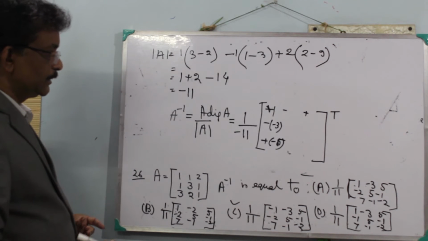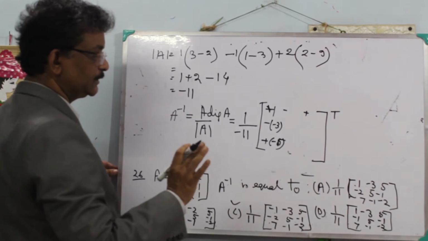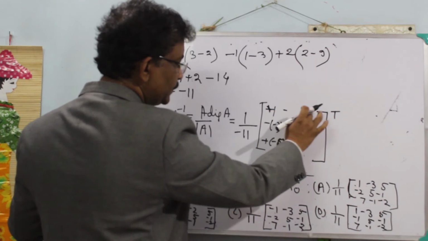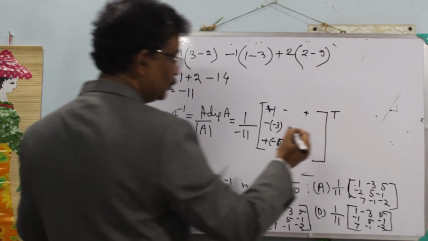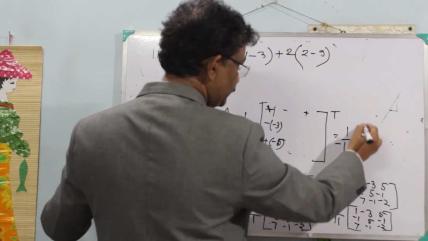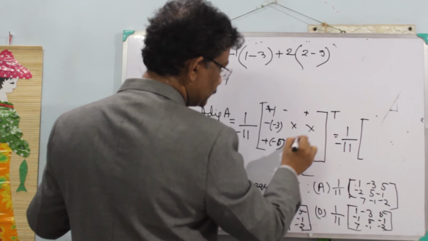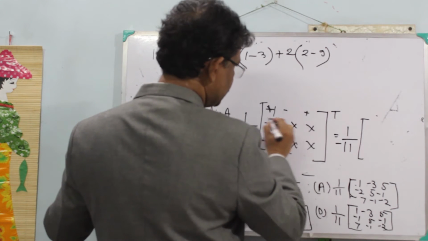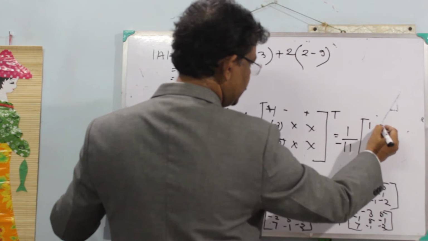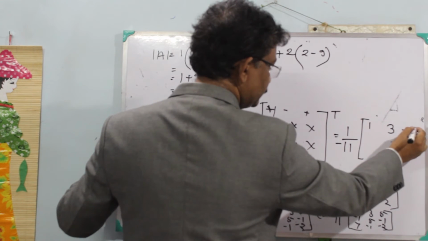Now I am not calculating the other elements. After transposing, this would be the first row, with the factor 1 by minus 11. So this is 1, this would be 3, and this would be minus 5.